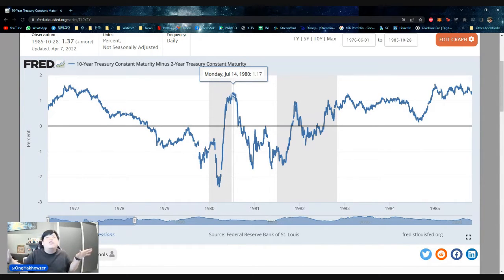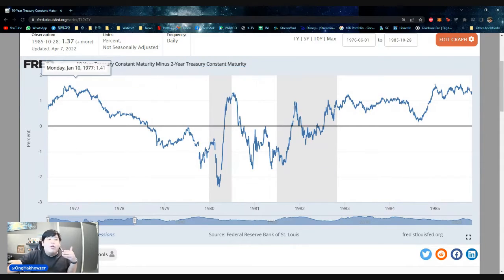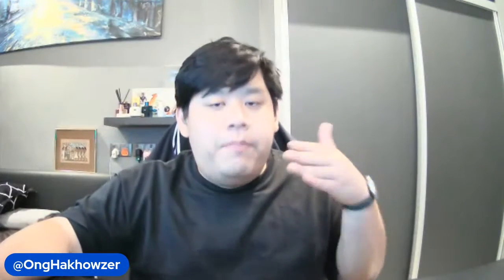It does not mean that the 10-year treasury yield at that time was at 1%. It's not the case, because at that time your 10-year treasury yield was most likely like 16%, and your 2-year treasury yield was most likely like 15%. You're getting a lot of money because of how hyperinflated it was back then.